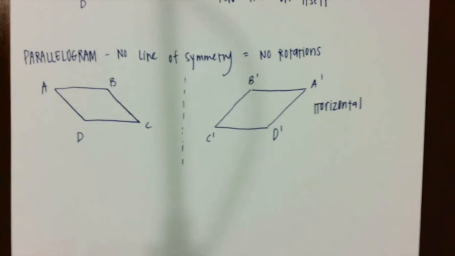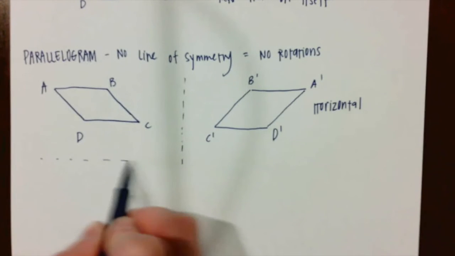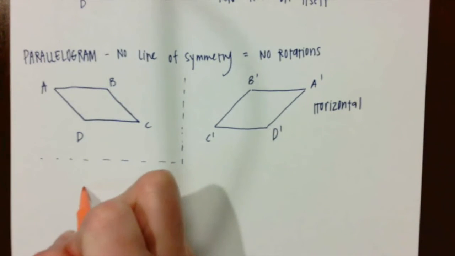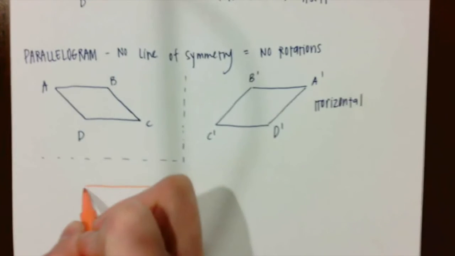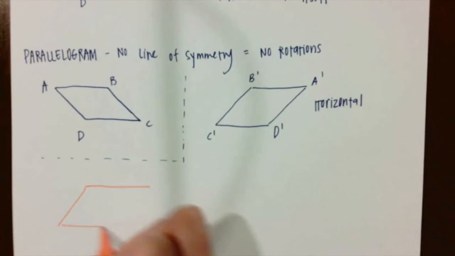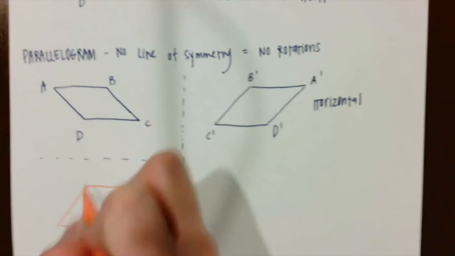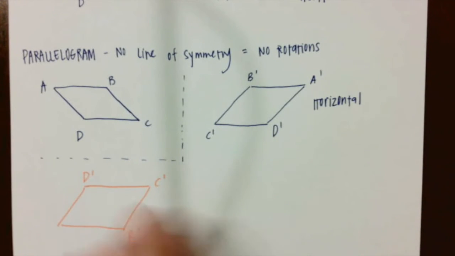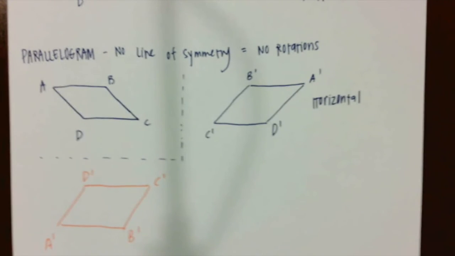I could also do a vertical flip. A vertical flip would take it over that imaginary line I just drew in, where we have D prime, C prime, B prime, and A prime. Or my other possibility would be to do a 180-degree rotation.